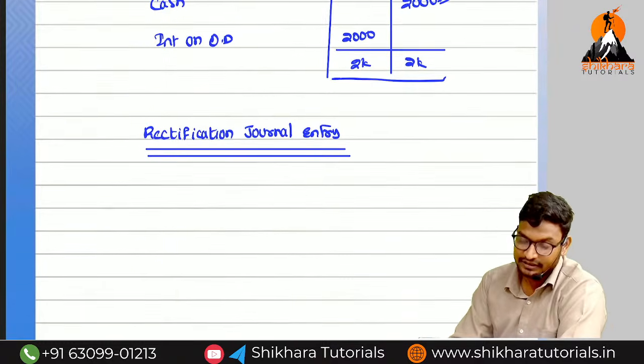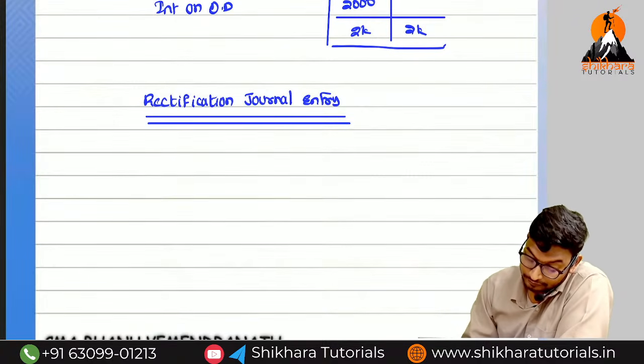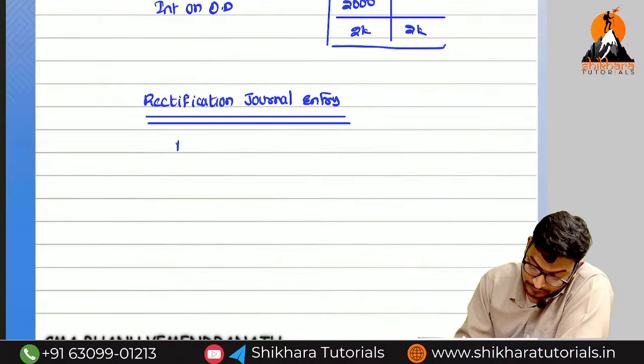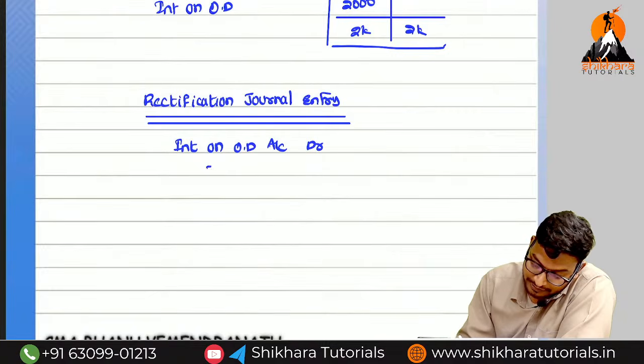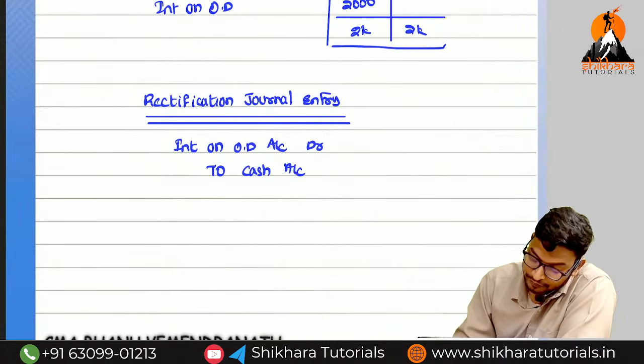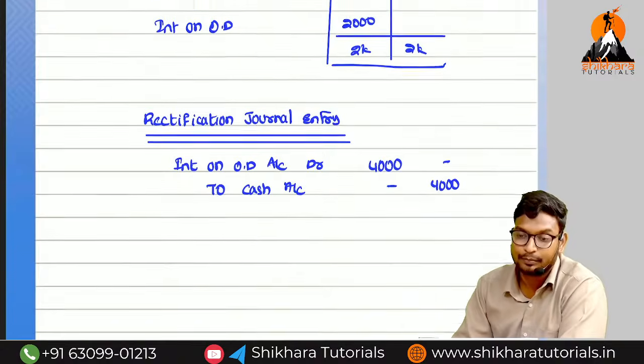What is the rectification entry? Interest on OD account debited to cash account. How much? 4000 and 4000. I think you get the clarity.